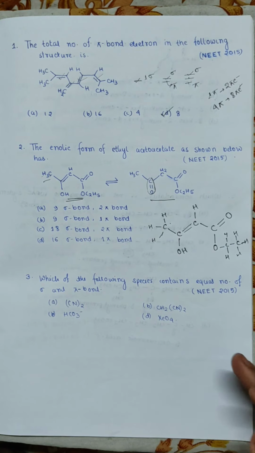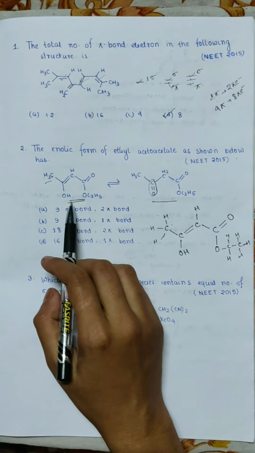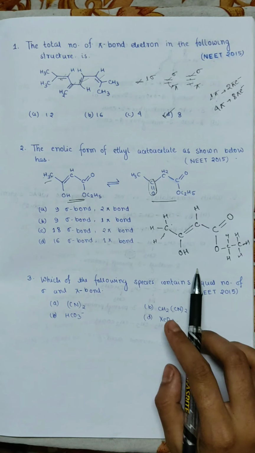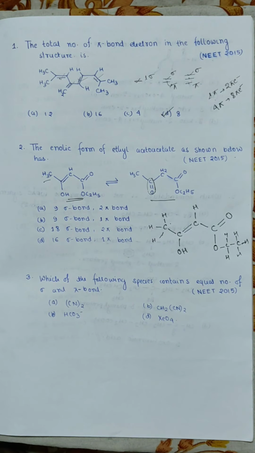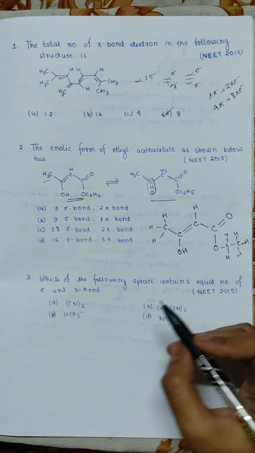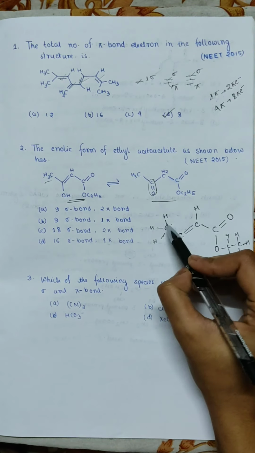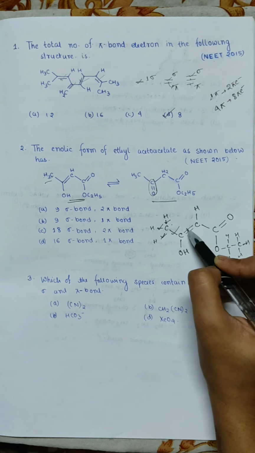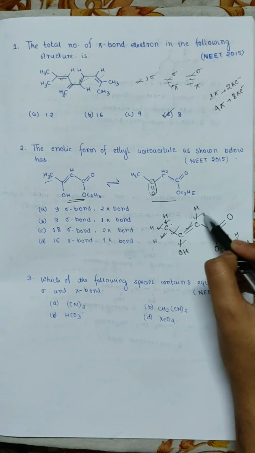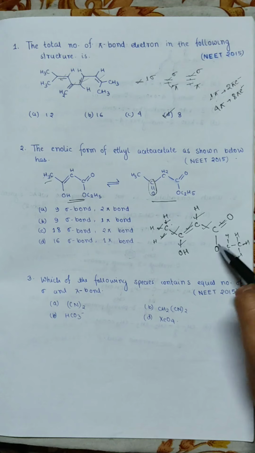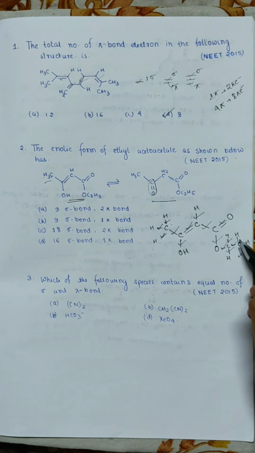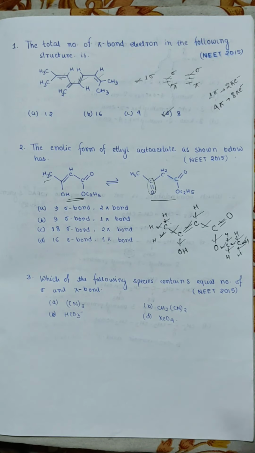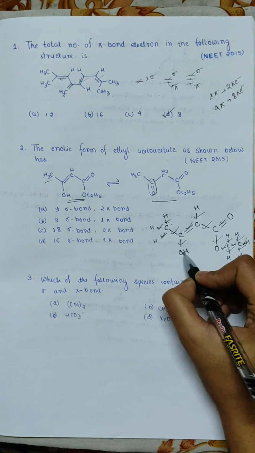So this condensed structure we can write into a complete structure to find out how many sigma and pi bonds are there. So first we have to find out how many sigma bonds are there. So there is 1, 2, 3, 4, 5, 6, 7, 8, 9, 10, 11, 12, 13, 14, 15, 16, 17, and another one is between this OH.